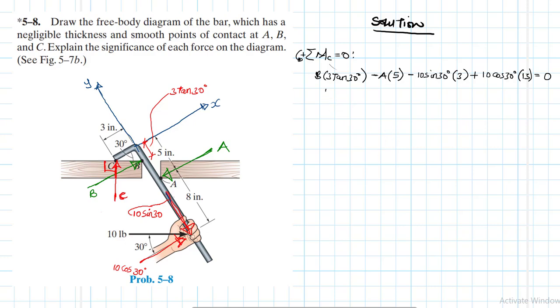So we have here a 1.73 B minus 5A minus, this one is a 5 times 3, which is a 15, plus this is a 10 cos 30 times 13.